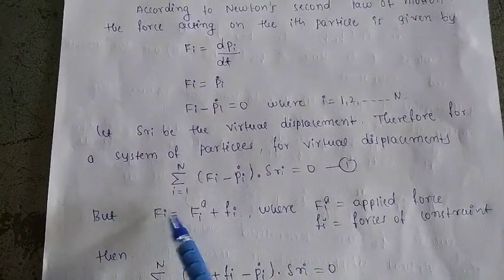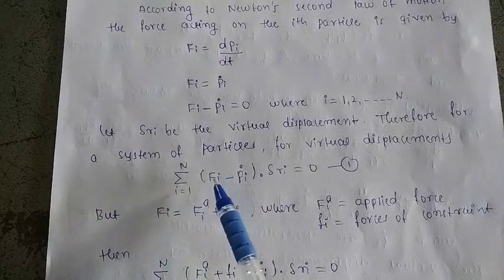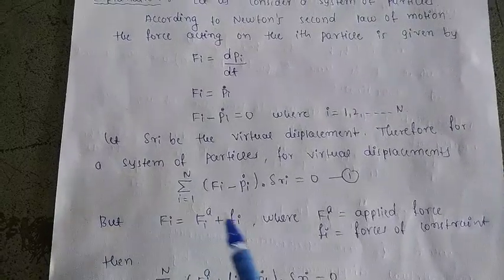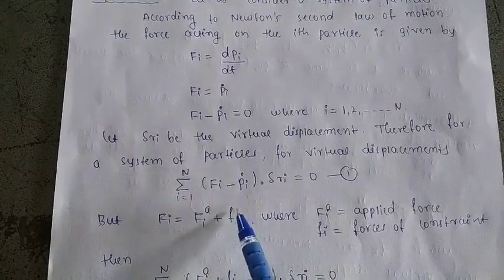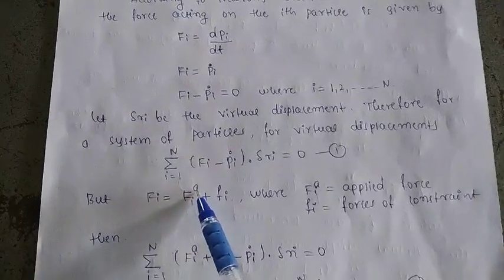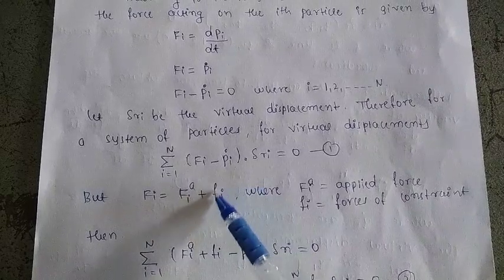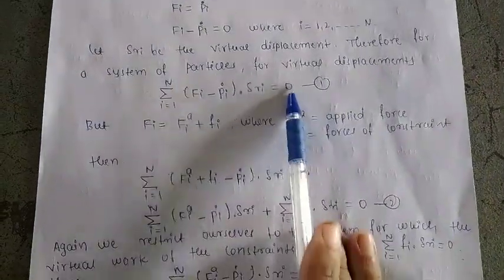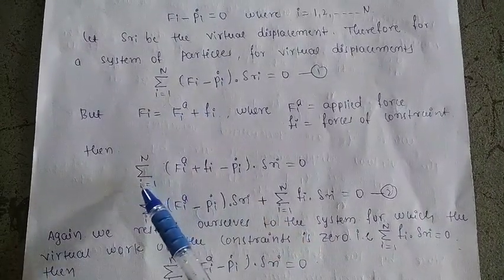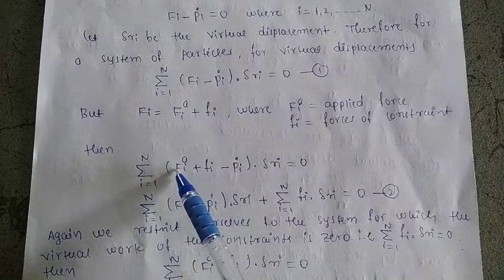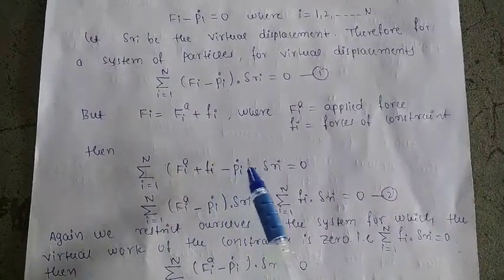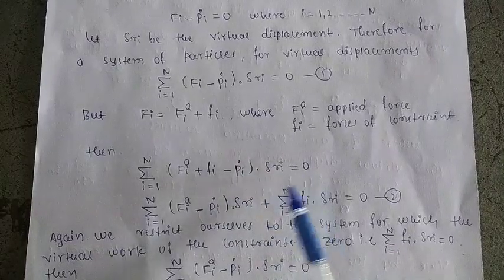But this resultant force F_i is made up of two types of forces. One is the applied force and the other is the forces of constraint. This F_i^a is the applied force and this small f_i is the forces of constraint. Then this equation 1 can be written as summation over i equal to 1 to n of (F_i^a plus f_i minus p_i dot) into delta R_i is equal to 0.